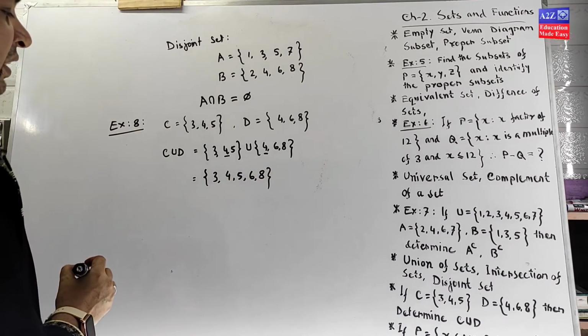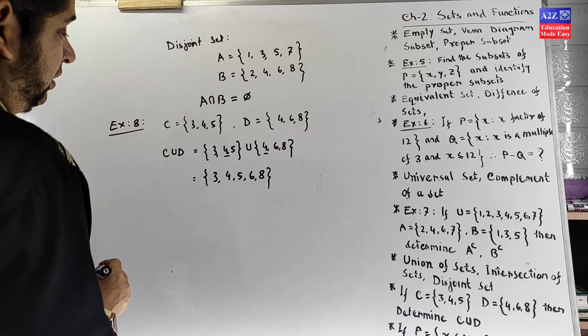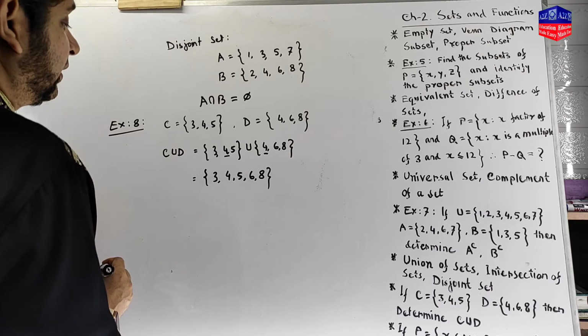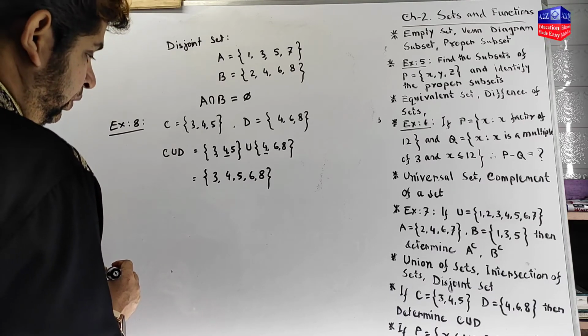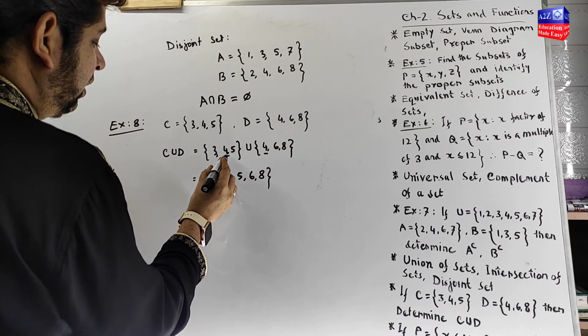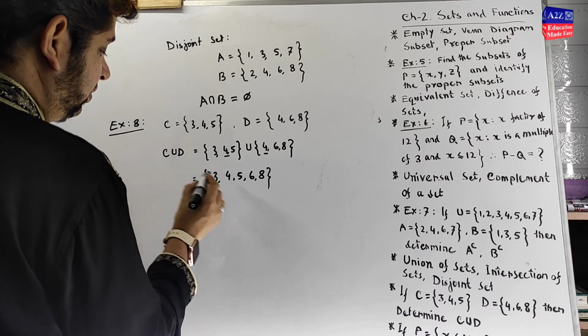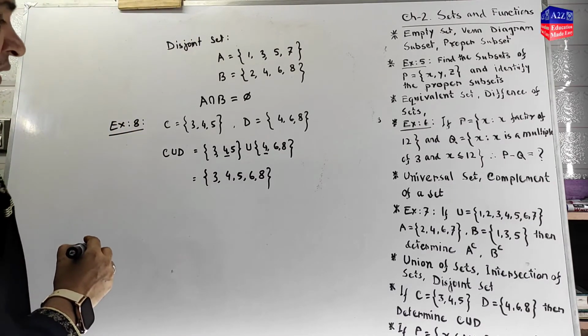This is basically C union D. All the items are taken except the repeating items. The repeating items will be taken only one time. 4 is repeating in both sets, but I have taken 4 only one time. This is basically the C union D.